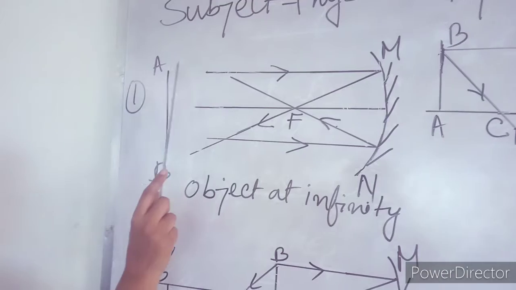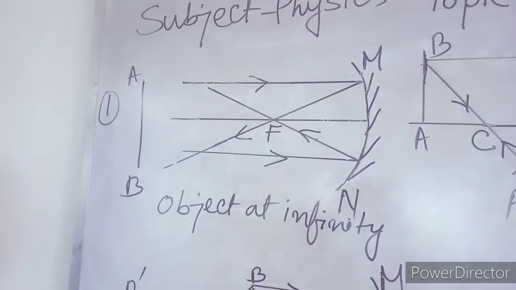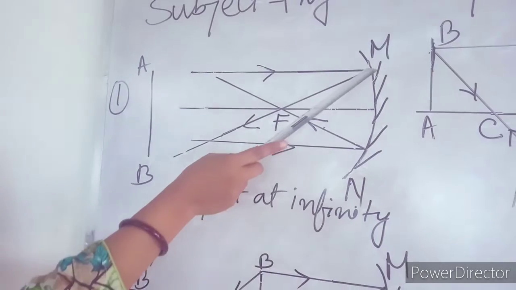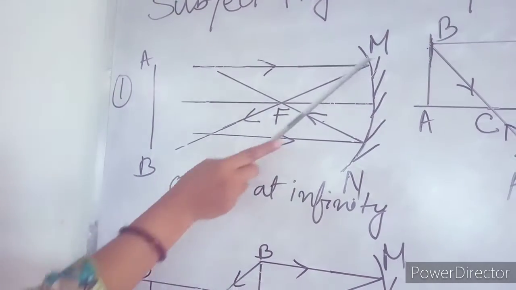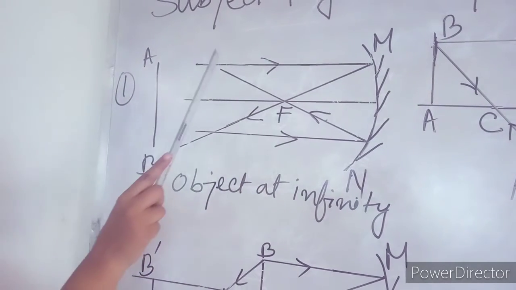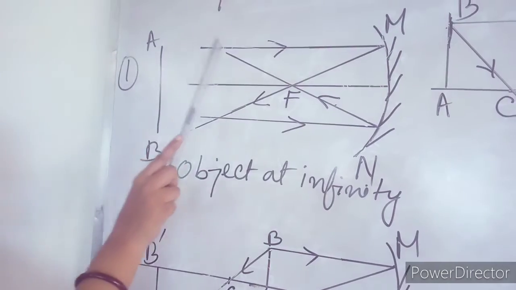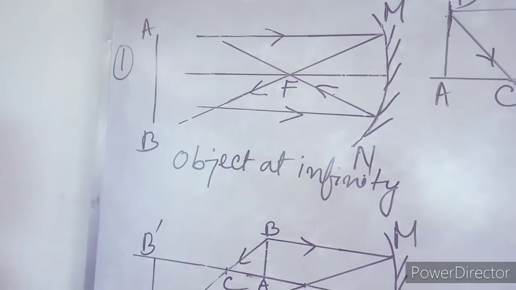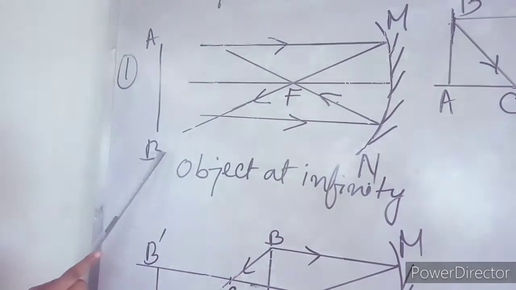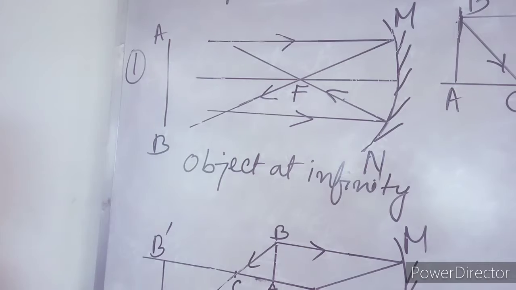So a light ray coming parallel to the principal axis, after reflection, what is the rule? It will pass through the focal point or focus. Now this arrow is very important. This arrow denotes the light ray that is coming, that is the incident ray, and this one is the reflected ray.